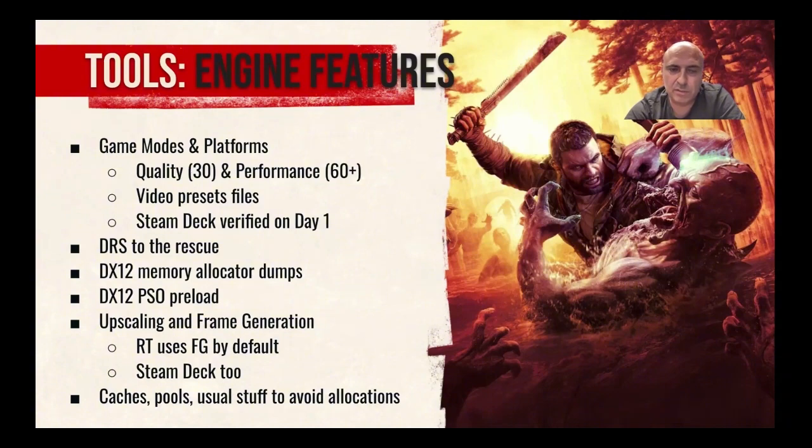DirectX 12 PSO, you all most likely love it. We got our scripts and for the render loop, and we got full control over materials, so we know what is drawn where. So we are able to prepare all the PSOs needed, but it was too much. So we went with very basic idea just to log everything that QA is playing, and then all those PSOs were aggregated into one list, and we use it as a preload.